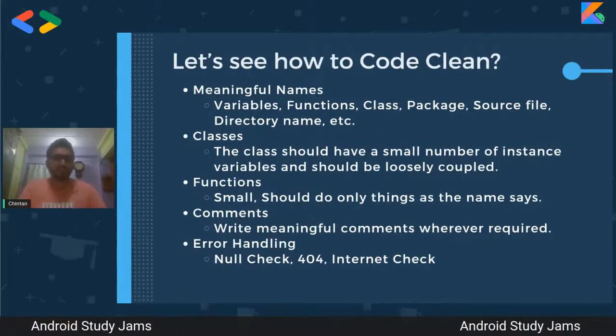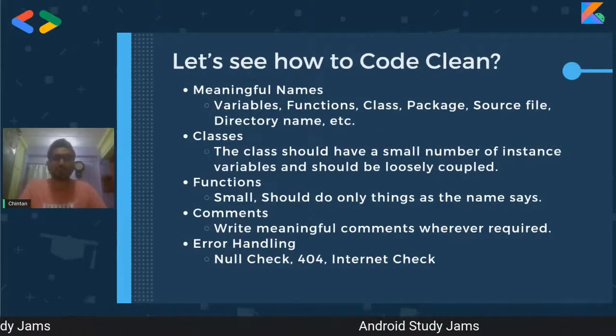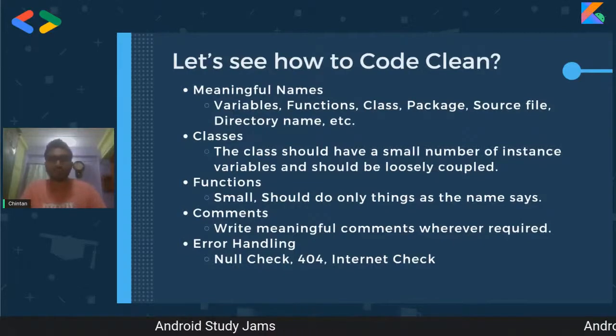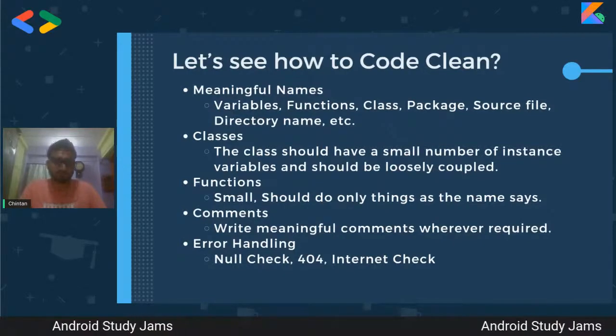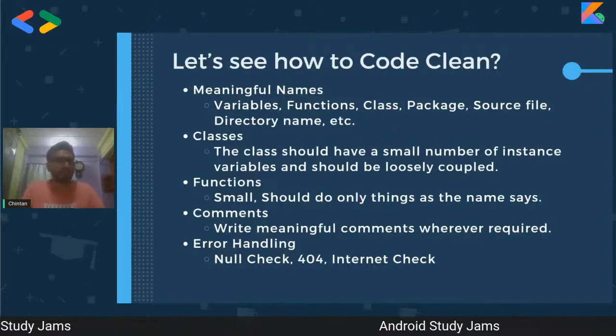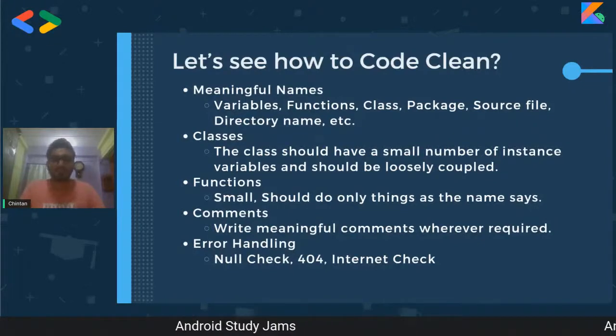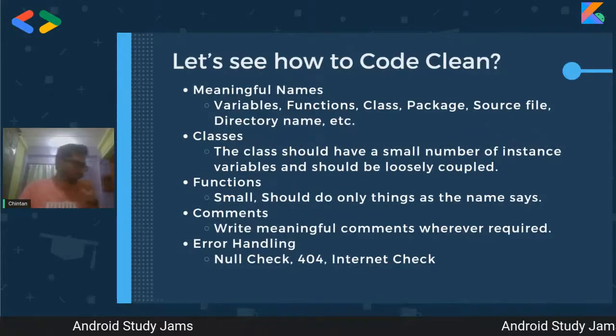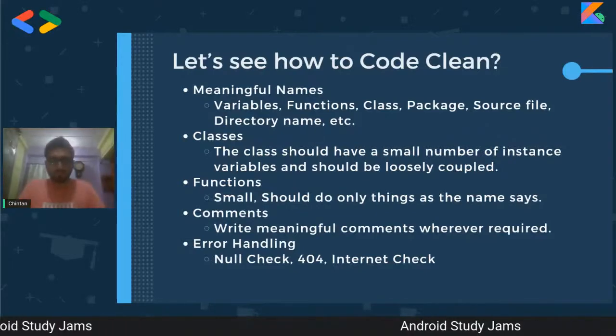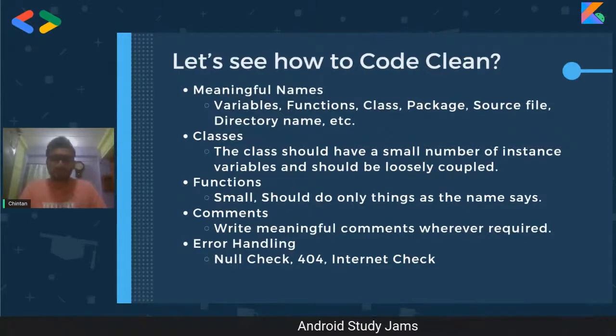Then this is one of the important parts, but many of us miss out on it, or don't follow proper comments, describing what we are doing. In comments, you should always write something meaningful. So what does this mean?